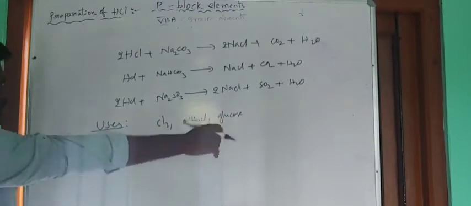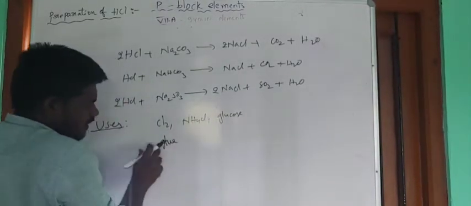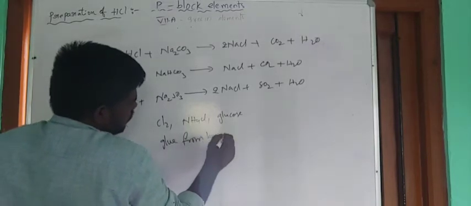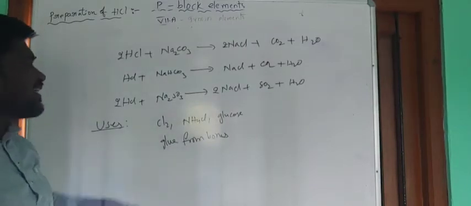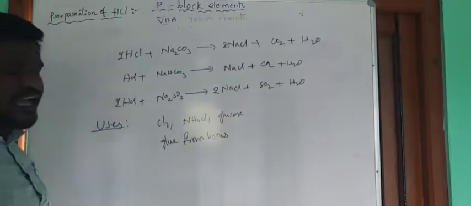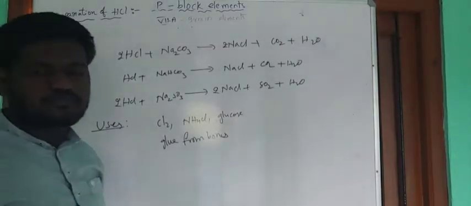And the next one, it is used to extract glue from the bones. So right, from the bones, by using this, glue is extracted, and this is used as a laboratory reagent in labs. So these are the uses of hydrochloric acid.